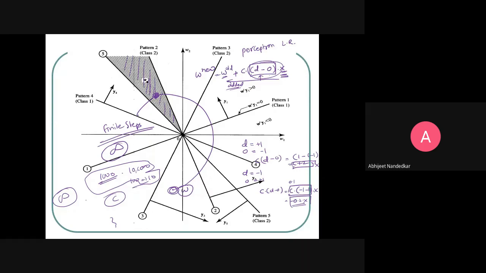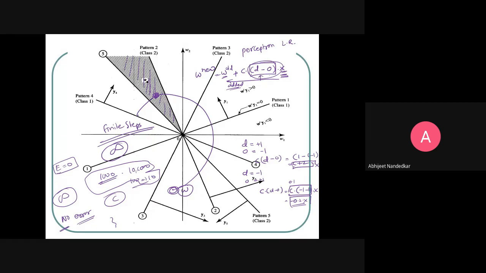So you can terminate your program in practical case that one can count how many iterations I have done. So maybe 10,000, then I can skip, or you can keep your loop on till you get 0 error. So no error. You can keep this condition error equal to 0, or you can terminate your program with number of counts.